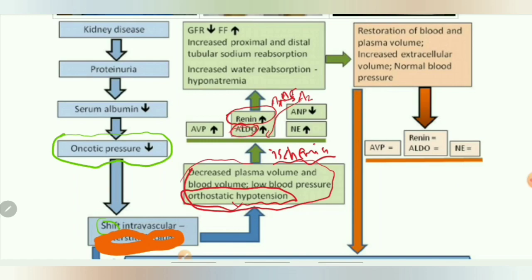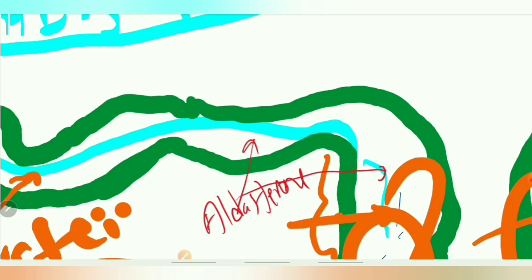And we all know that aldosterone acts here in the distal convoluted tubule. This is the effect of aldosterone here, and it also acts in the collecting duct. This aldosterone is going to stimulate retention of sodium and excretion of potassium, and sodium will take water with it, so this will cause both sodium and water retention.